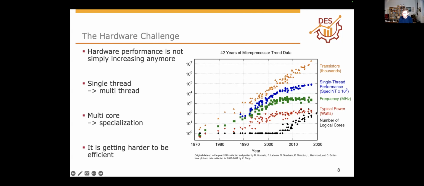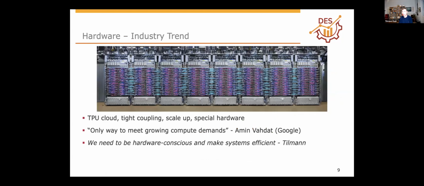However, of course, the type of computation that we need to do also guides the type of hardware that we see. If we think about this TPU cloud, for example, this is specifically built for machine learning applications, right? All of this tensor processing that we need to do in order to do machine learning. So in this case, the application also guides the hardware. So it's a kind of circular thing.